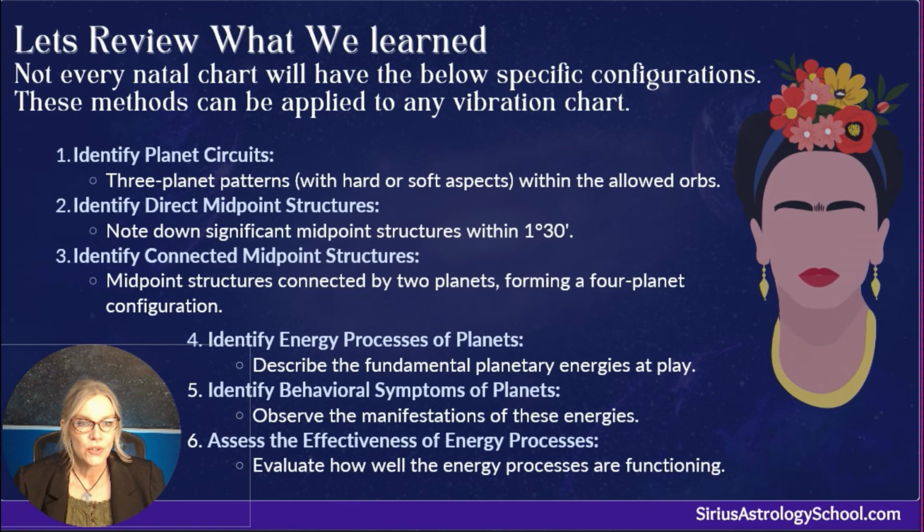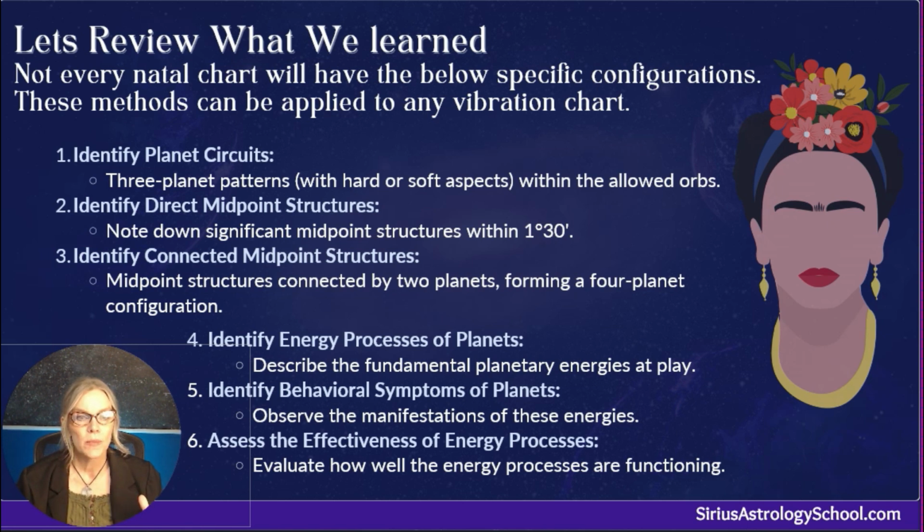I want to mention too that not every natal chart will have these below specific configurations, but these methods can be applied to any vibration chart. If you're using a vibration chart other than the first vibration chart or the natal chart, you would use a different orb system, which I'm not going to get into here, but I will just tell you quickly.